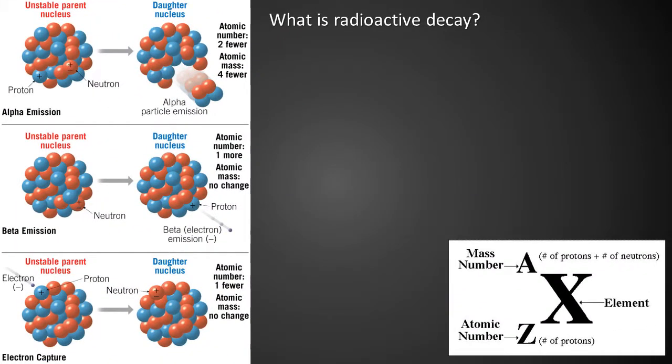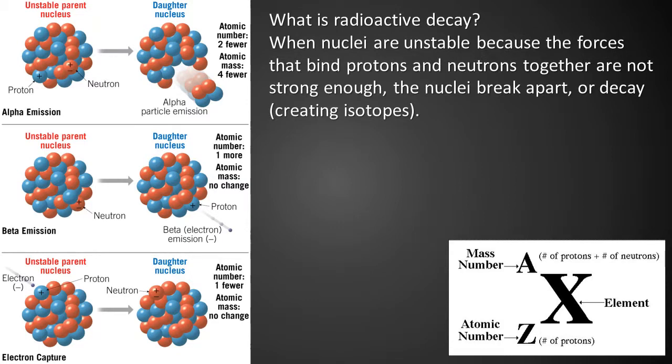Based on your reading, what is radioactive decay? That's right. When nuclei are unstable because the forces that bind protons and neutrons together are not strong enough, the nuclei break apart or decay, creating isotopes.